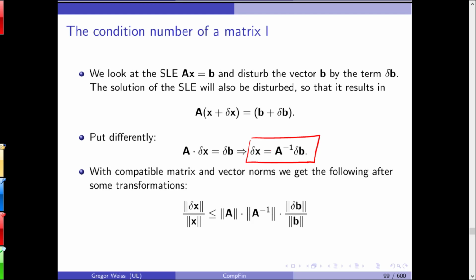Divide both sides by the norm of x, and this means that the norm of delta x divided by the norm of x is smaller or equal than the norm of A times the norm of the inverse of A times the norm of delta b divided by the norm of the vector b. In other words, this is the relative output error, this is the relative input error, and this is our condition number, sigma.